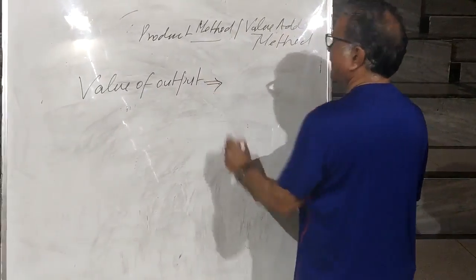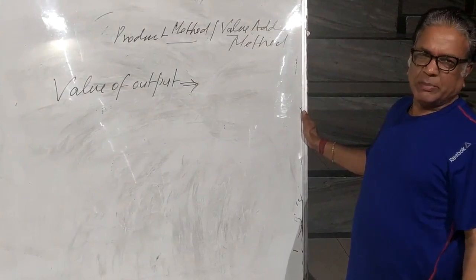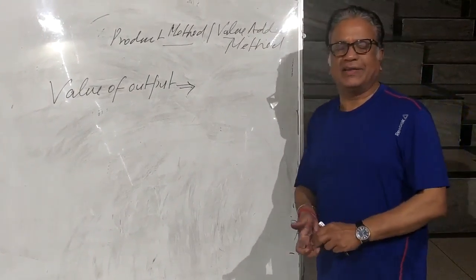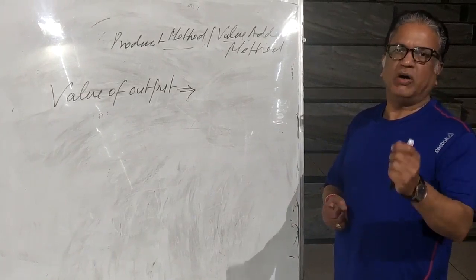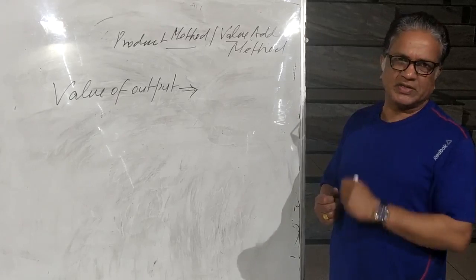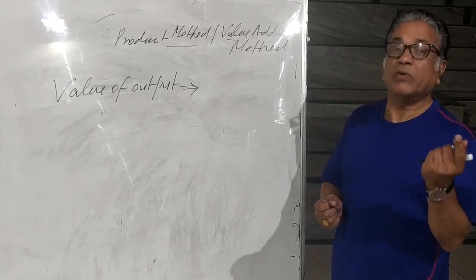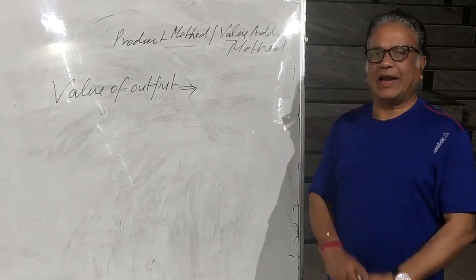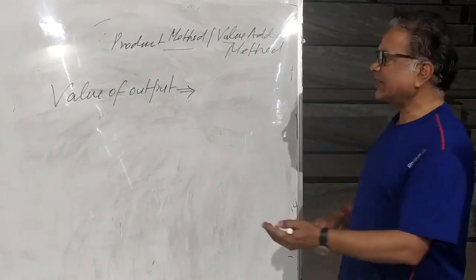Now the question is how we calculate the value of output. I will give you a simple example. Suppose you have been given a question that there are 20 kg of tomatoes, and the price per kg is 2 rupees. What is the value of tomatoes? 20 into 2, rupees 40. So how do you calculate the value of tomatoes or output? Price into quantity. Same is here.